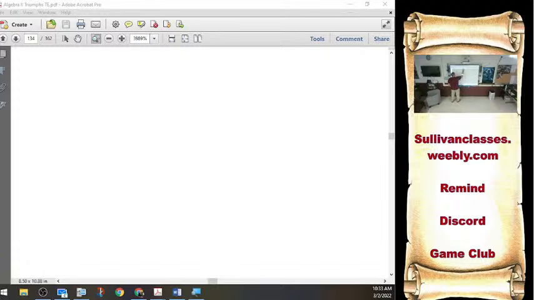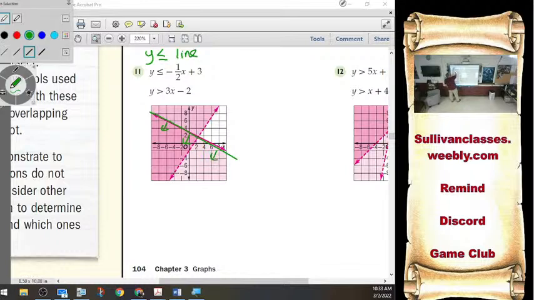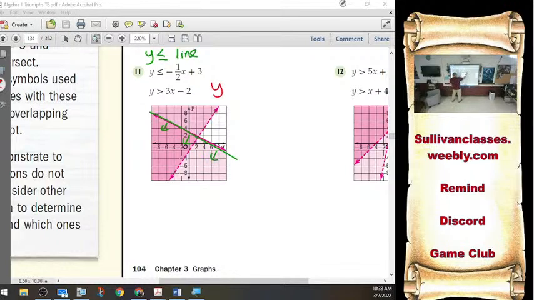The other way to do those: it tells you right there that y is less than or equal to the line. So shade down from the line. If it says y is greater than the line, then wherever the line is, shade up from the line.